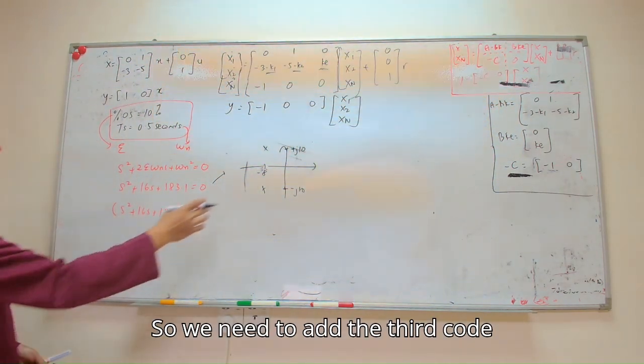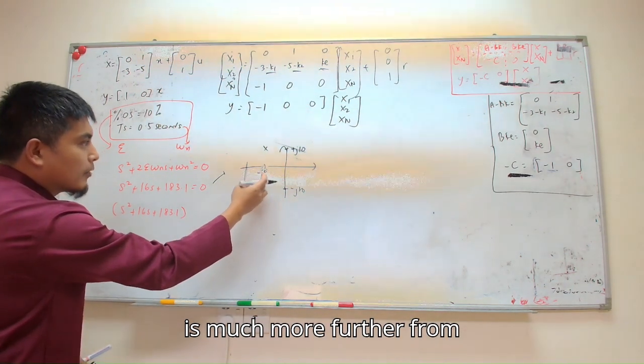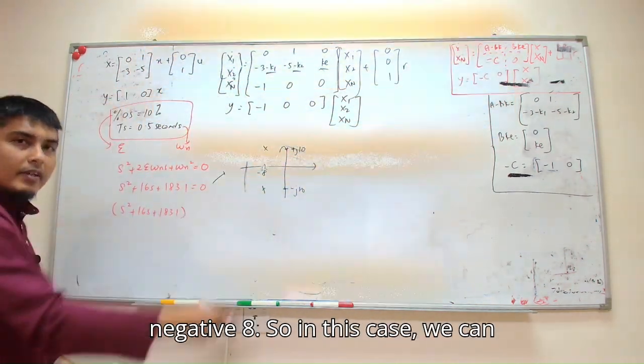So we need to add a third pole that is much farther from negative 8.